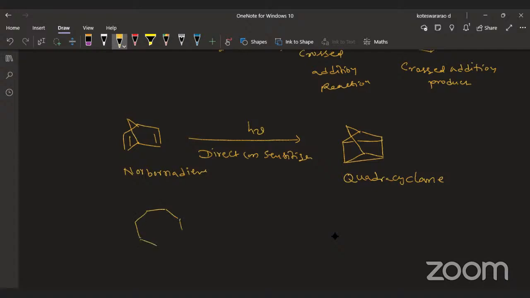Similarly, if you take an 8-member ring, having two double bonds at positions 1, 2, 3, 4, 5, 6, 7, 8, 1,5-cyclooctadiene, which on irradiation in presence of mercury first generates the transition state.